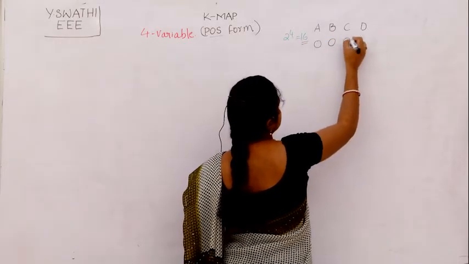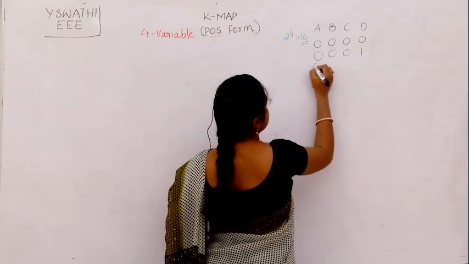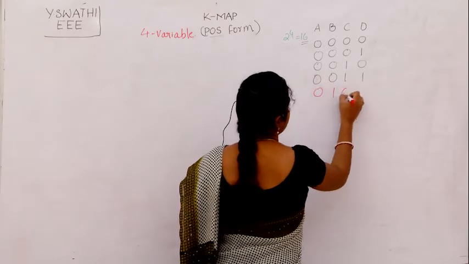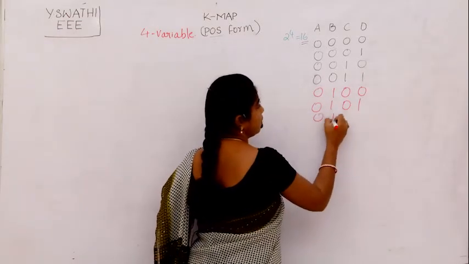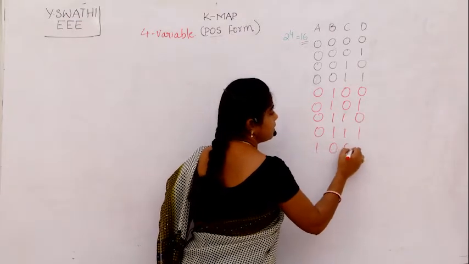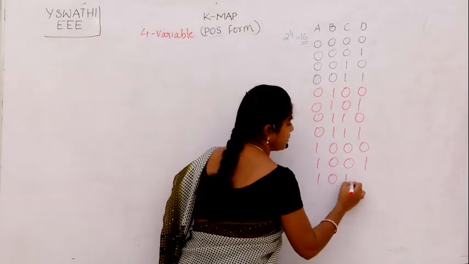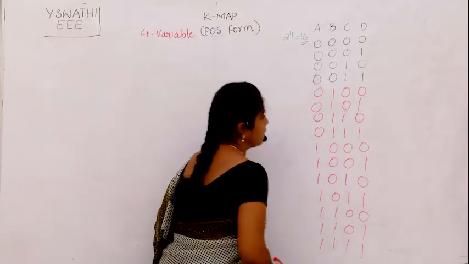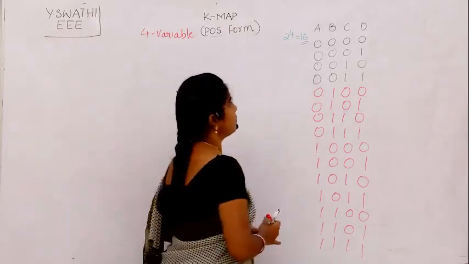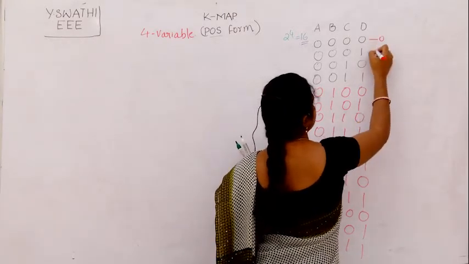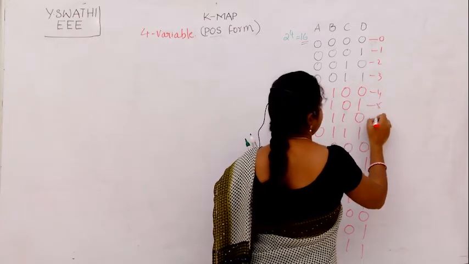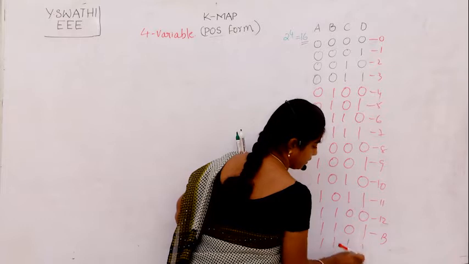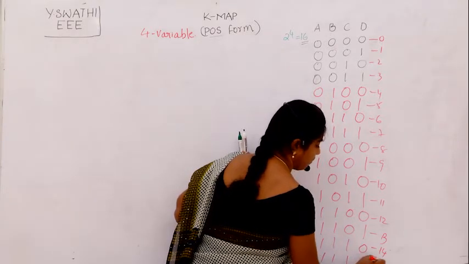What are the 16 possible combinations? 0000, 0001, 0010, 0011, 0100, 0101, 0110, 0111, 1000, 1001, 1010, 1011, 1100, 1101, and 1110, 1111. So these are our 16 possible combinations of inputs. We can represent it in decimal form as 0 to 15.